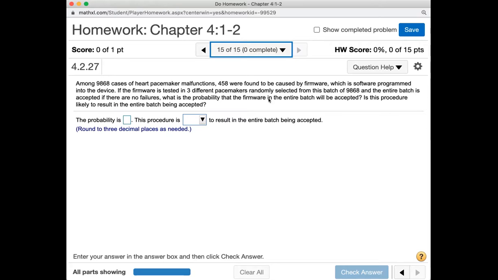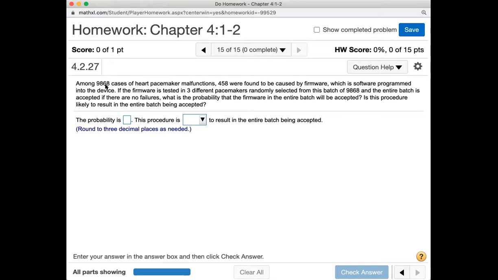So each trial affects the others, so the trials are not Bernoulli trials. So this problem is not a binomial distribution. Don't confuse that. That's why I told you that the probability from the first sentence, 458 divided by 9,868, is a probability from the sample, not from the population.